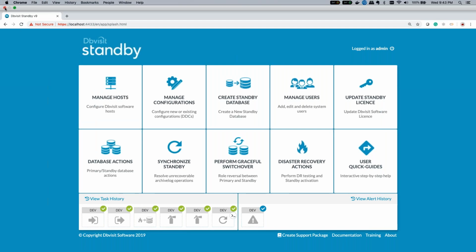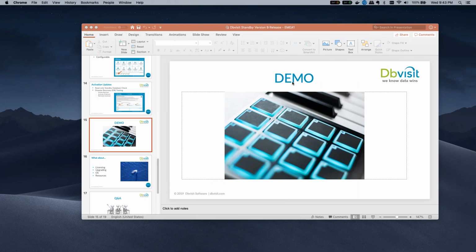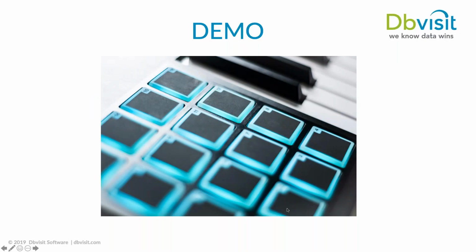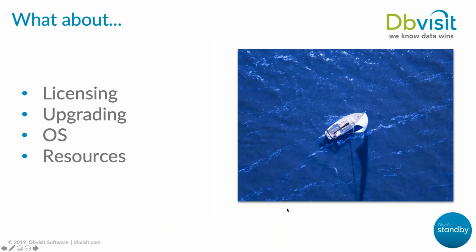Okay, so let's kill this little thing and open up the slides, and let's have a look at the last bits. Now at this stage, we want to look at the licensing. We want to confirm that your version 8 license will not work on the version 9 software.